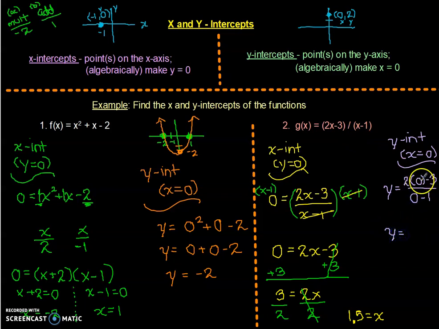So 2 times 0, PEMDAS, multiply first. 2 times 0 is 0. 0 minus 3 is negative 3. Over 0 minus 1 is negative 1. And then we have negative 3 over negative 1, which is just 3. So on the y-axis, I will have a point at 3. And that'll help you just start getting key points for your graph.